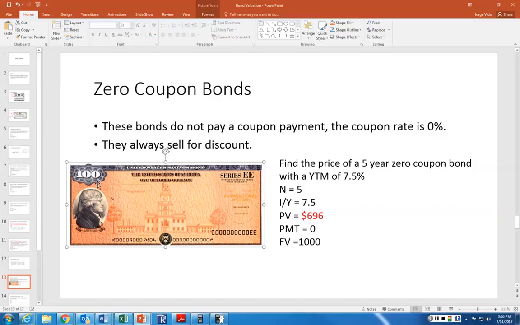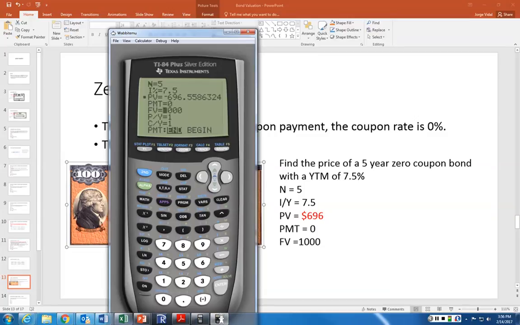It's like this bond we have on the screen. You can see that the face value is 100 and it's on the bond. It doesn't change. So what happens if the following year, we assume that rates in the economy will be 7.5% the following year? Now the bond only has 4 years until maturity, so the present value will be 748. 2 years later, only 3 years left in the bond, so the price will be 804.